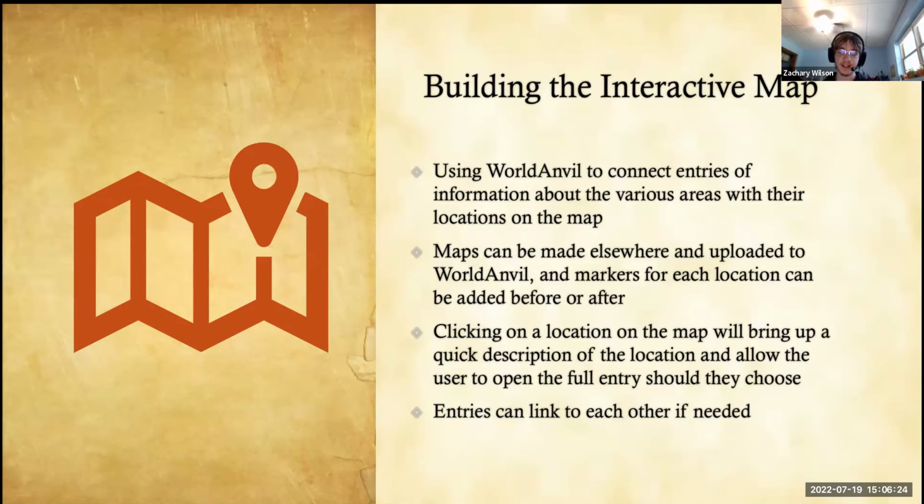And the end goal is to have all the entries linked together. If it references another location or character, you can view that character's or location's entry right from there.